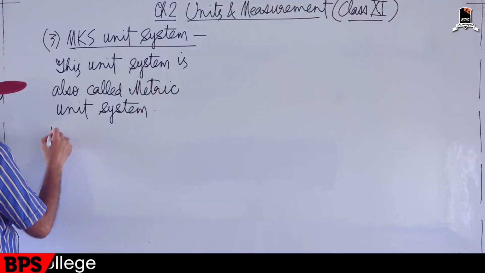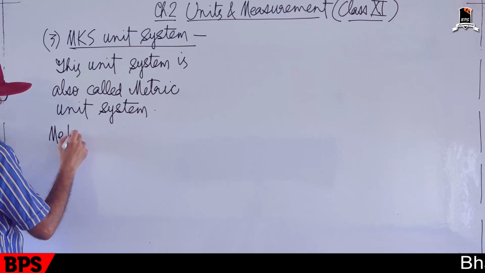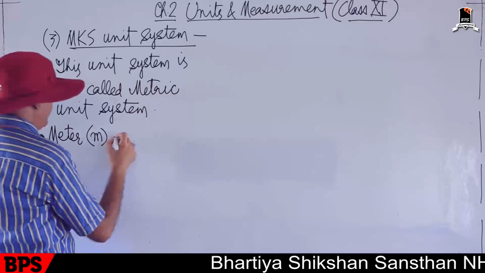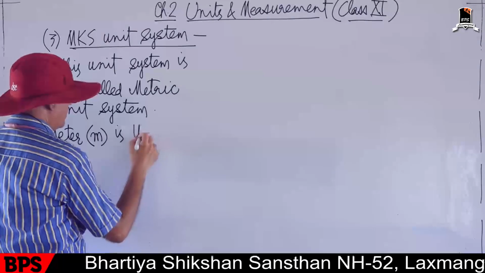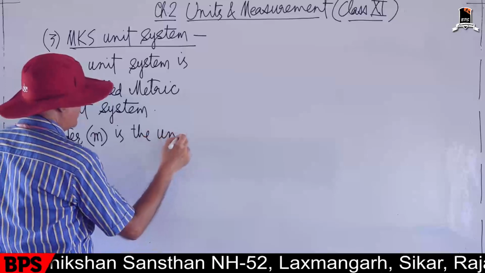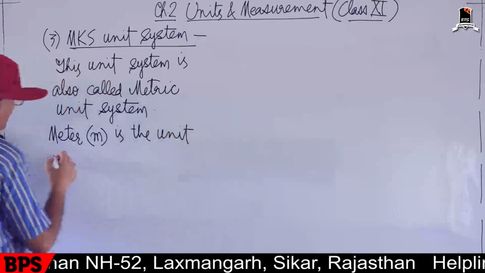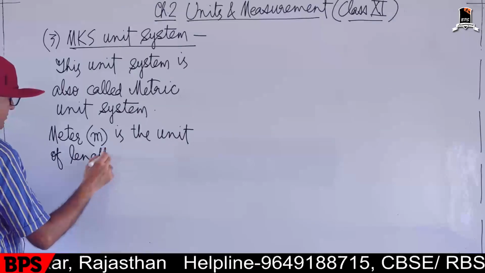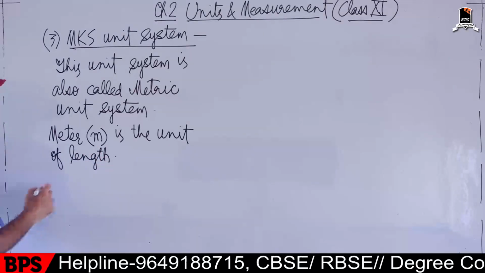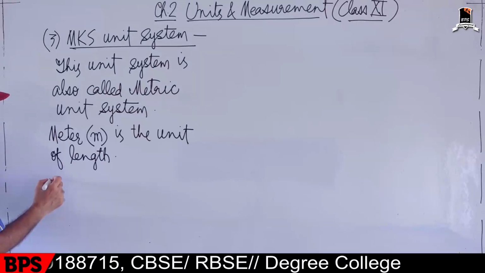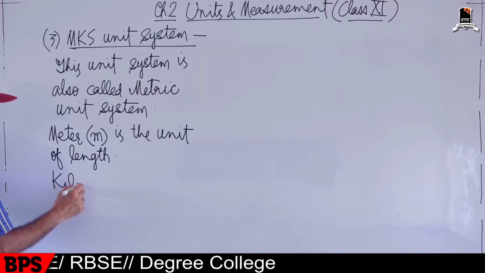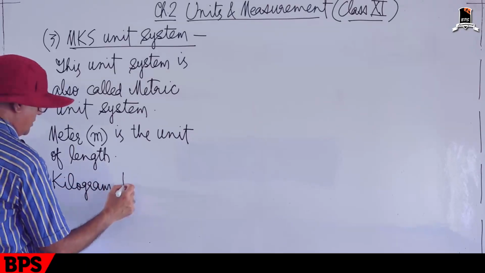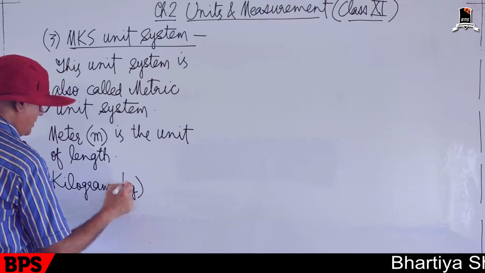Meter, symbol is small m. Meter is the unit of length. Kilogram, symbol is small k, small g.